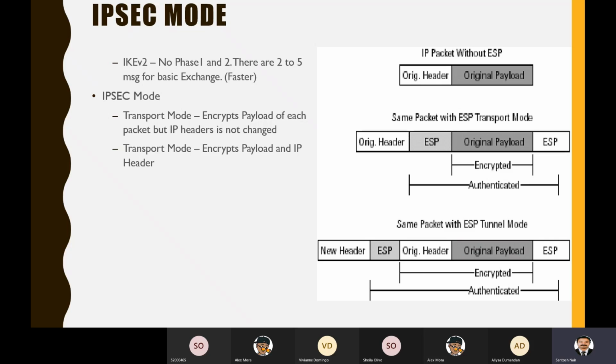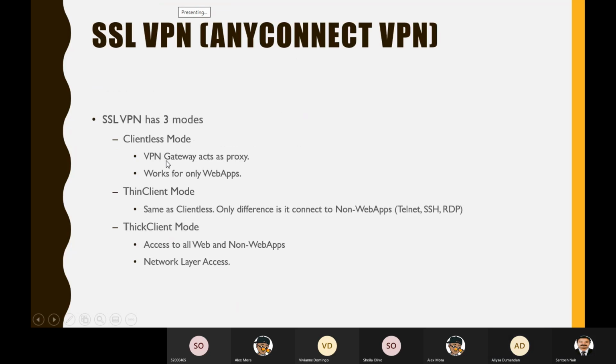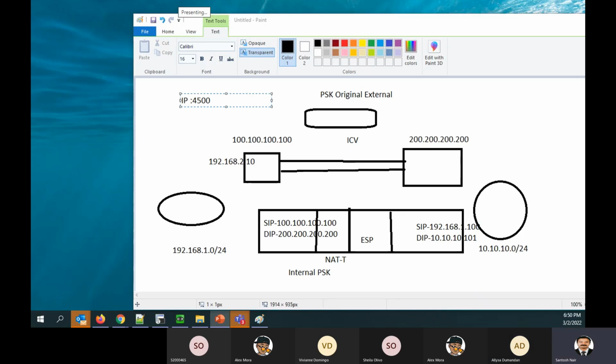Where is transport mode used, and which is the mode that we mainly use in site-to-site VPN? By default we use only tunnel mode. Only tunnel mode we are using.